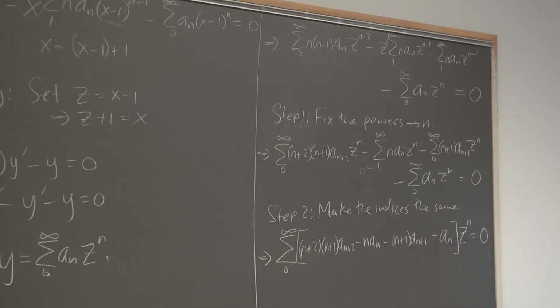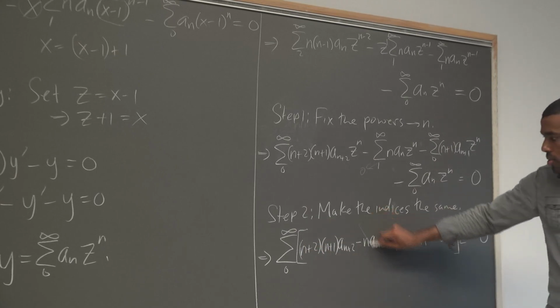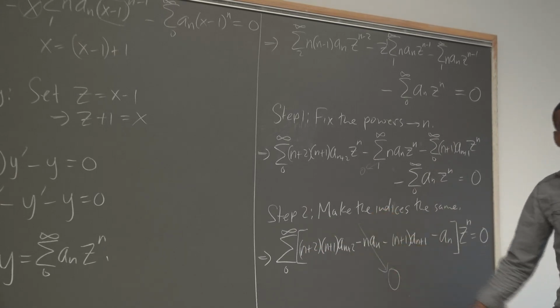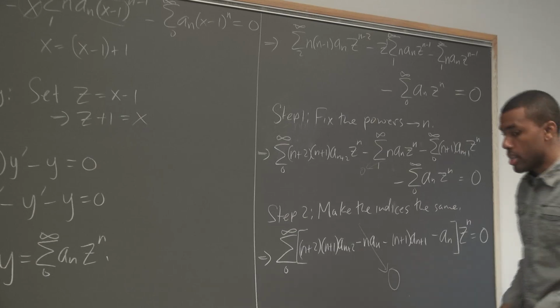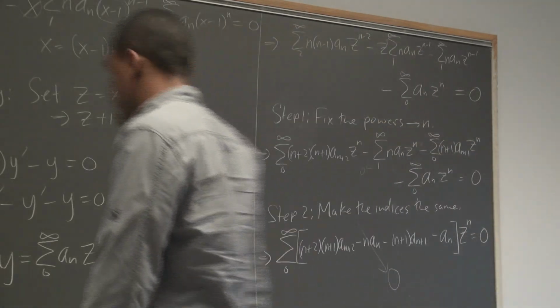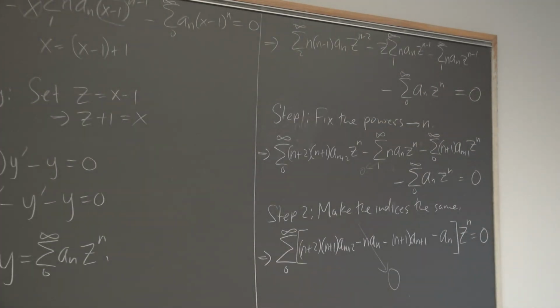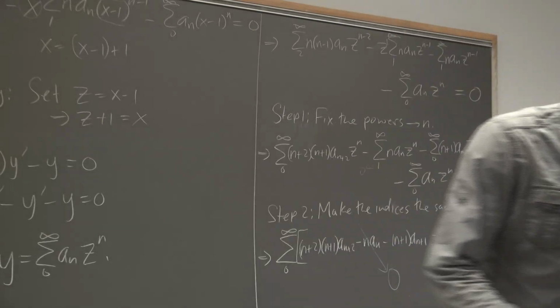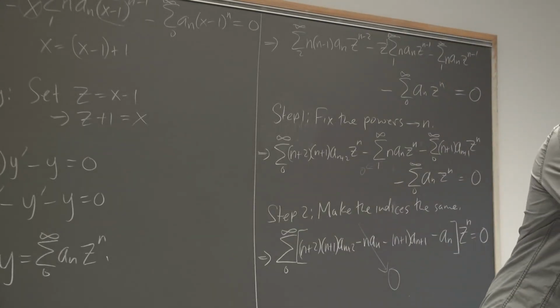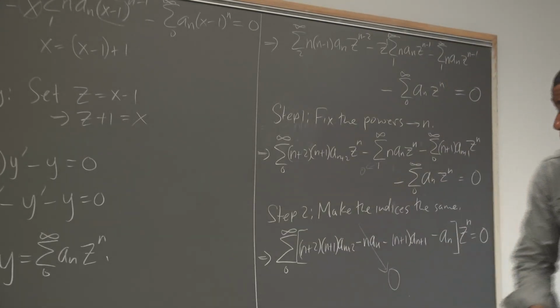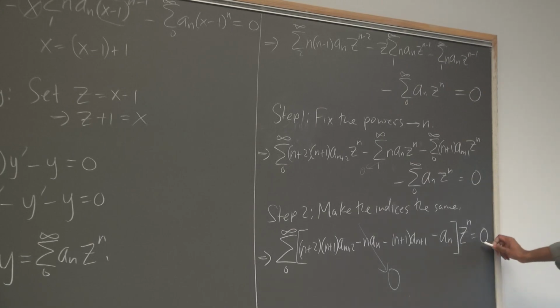Now there's 0 on this side, which means the coefficient of the series on this side should be 0. So that gives us an equation. Basically, what's happening here is that we're equating coefficients.